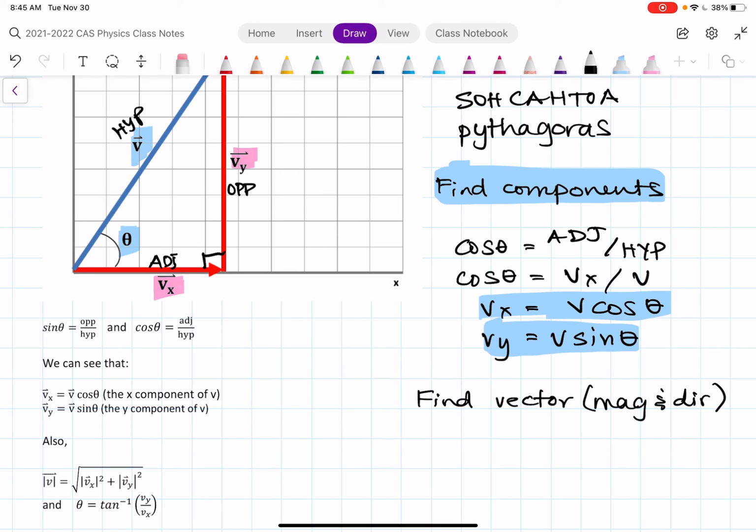Now is when I can use Pythagoras. So in order to find the vector, V equals the square root of Vx squared plus Vy squared.